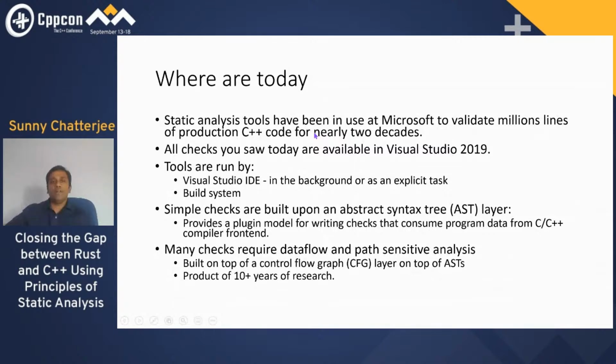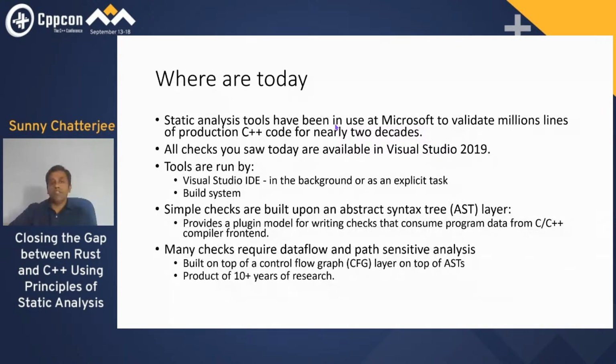So I wanted to talk about where we are today in terms of our tooling. Static analysis tools have been in use at Microsoft for close to 2 decades. They are used to validate millions of lines of production C++ code day in and day out. And some of the checks, in fact all of the checks that I demoed today, are available in the latest version of Visual Studio 2019.